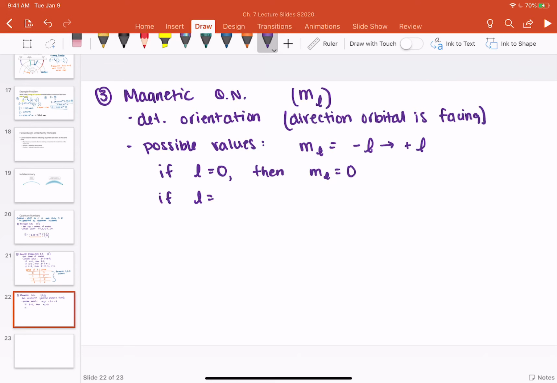If L equals 1, then m sub L could equal negative 1, 0, or positive 1.